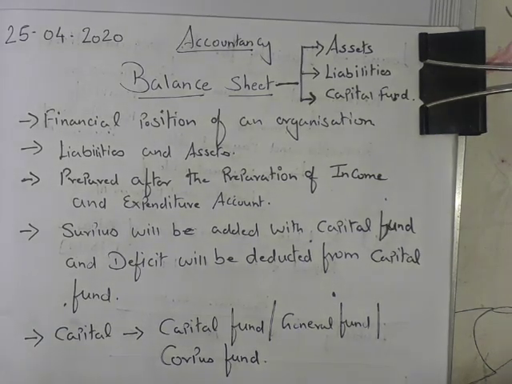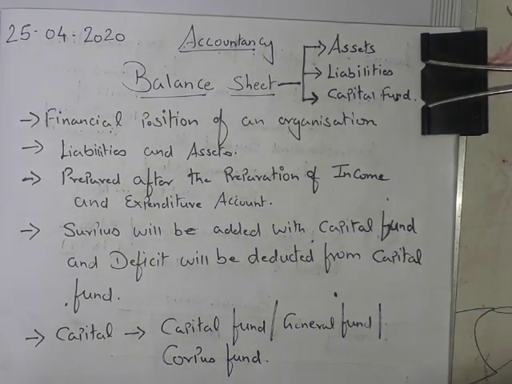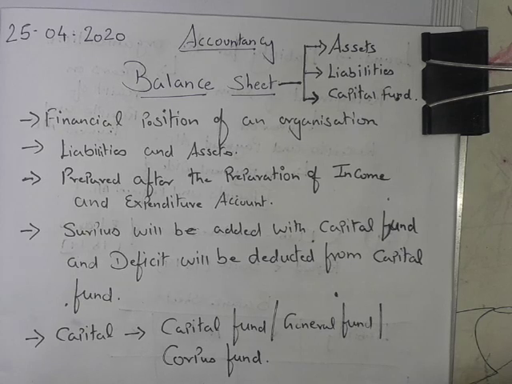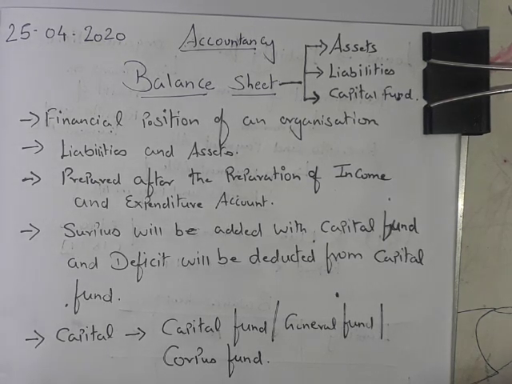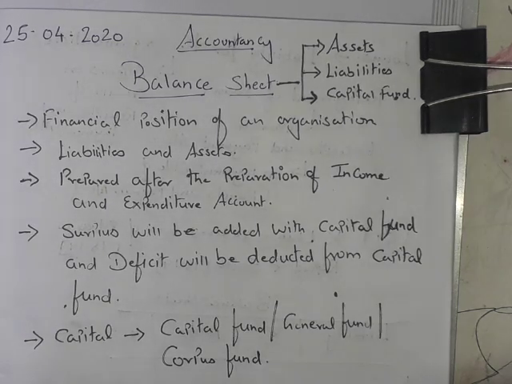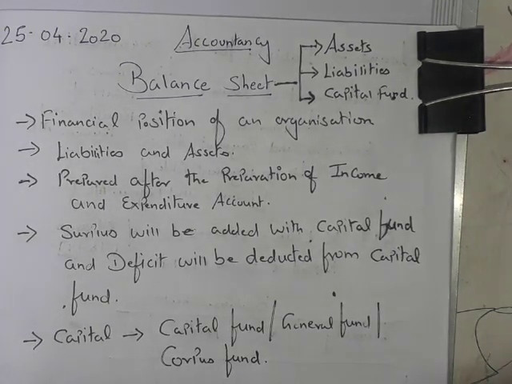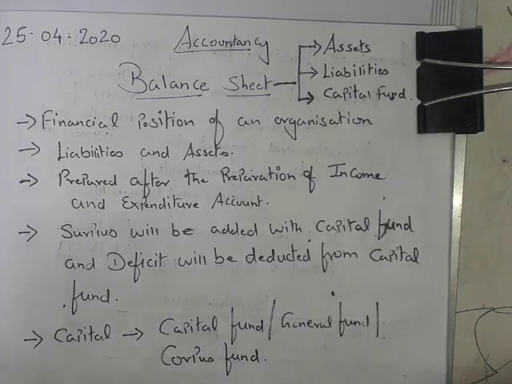Good morning, students. Today we are going to learn and understand the concept of balance sheet in a non-profit organization, and also how to prepare a balance sheet for a non-profit organization. As we all know very well, a balance sheet basically consists of three important items.